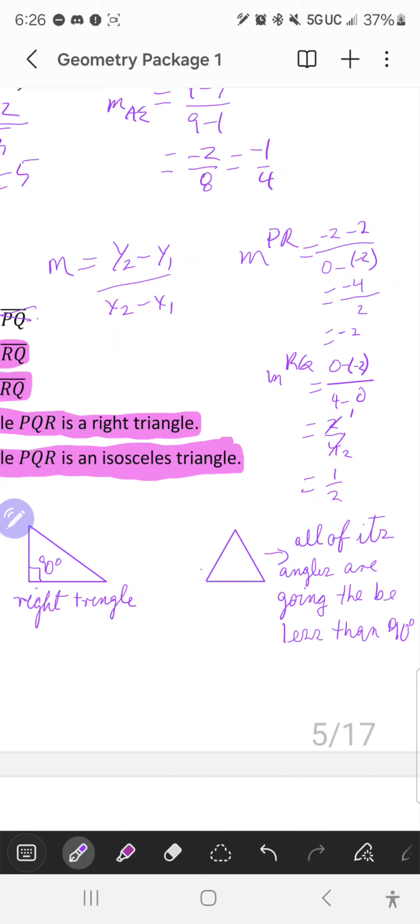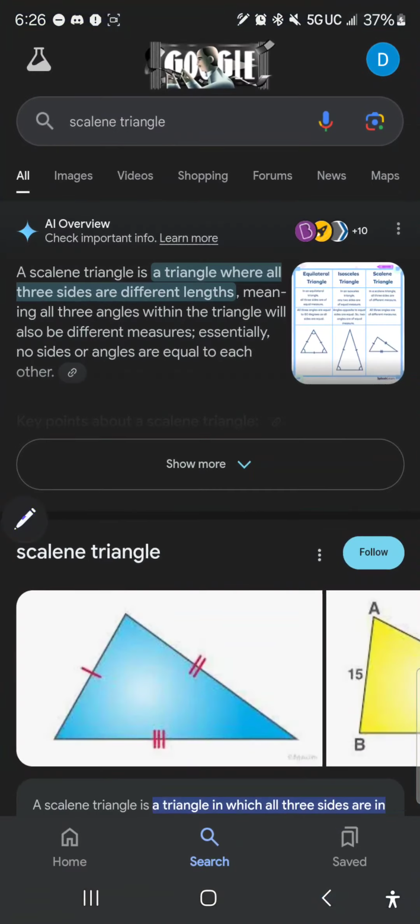So basically the three angles inside of the triangle are going to be less than 90 degrees. They cannot be 90 degrees and they cannot be more than 90 degrees.